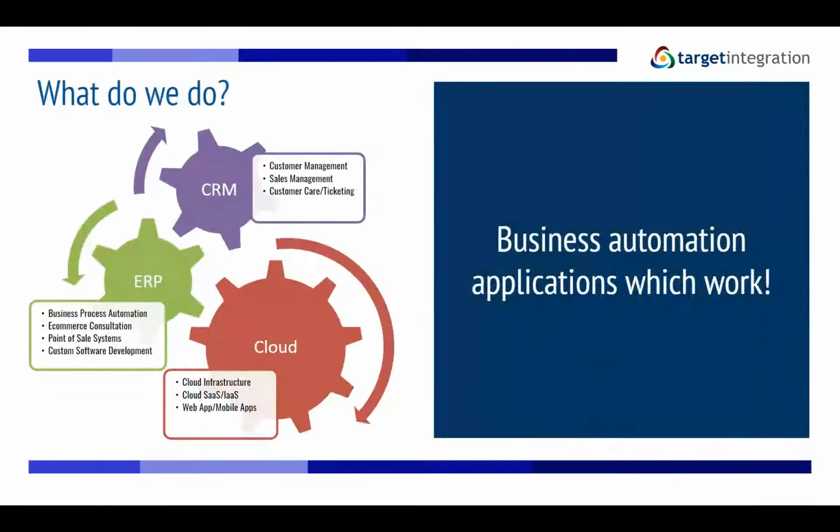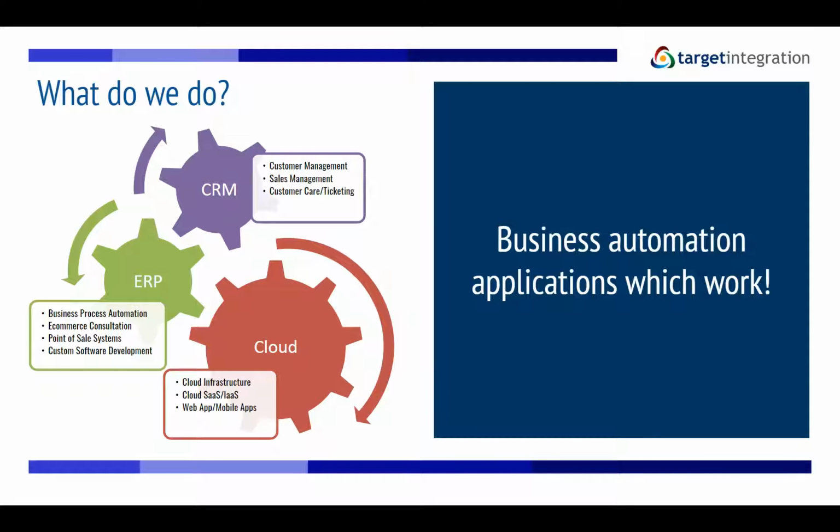Just going into a bit of what we do. We specialize in CRMs, ERPs, and cloud. CRM is customer relationship management system. This covers customer management, sales management, customer care and ticketing. ERP stands for enterprise resource planning.